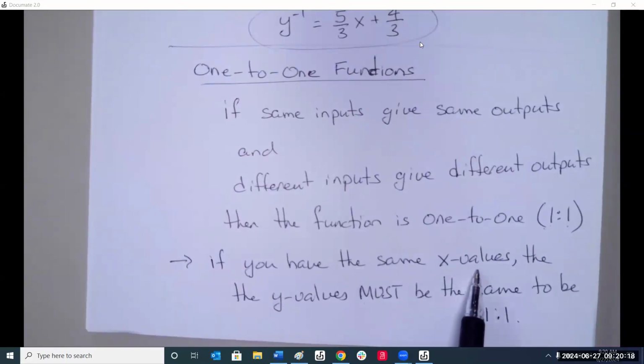If you have the same X values, then the Y values have to be the same. If you have different X values, then the Y values have to be different.